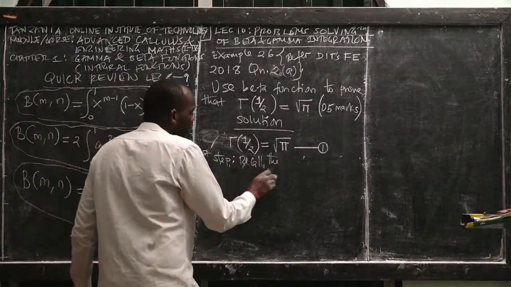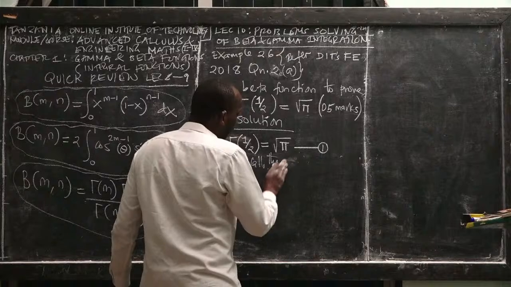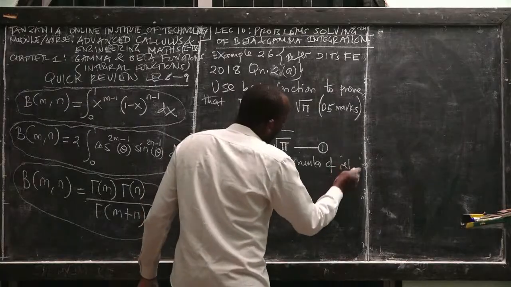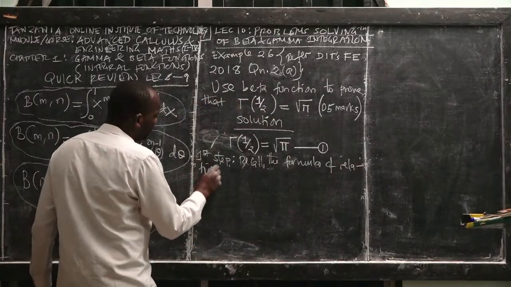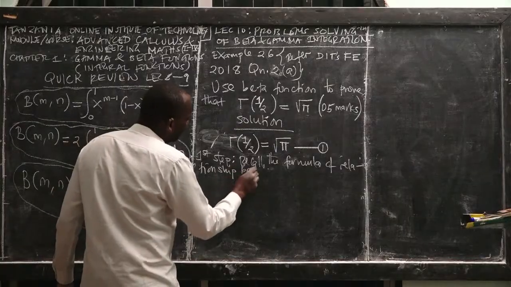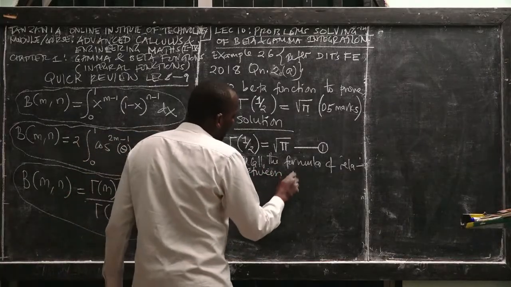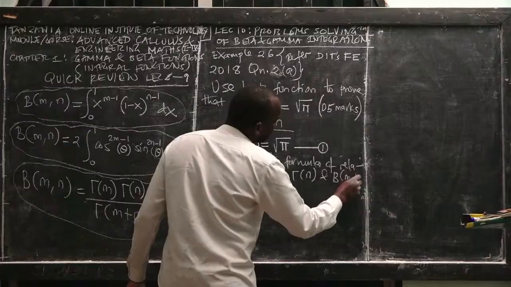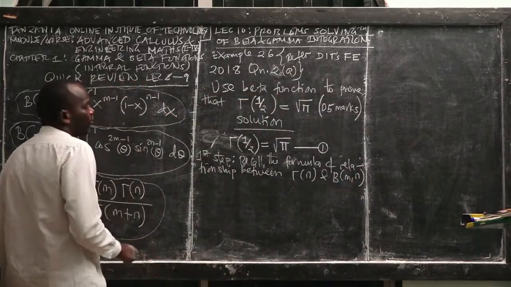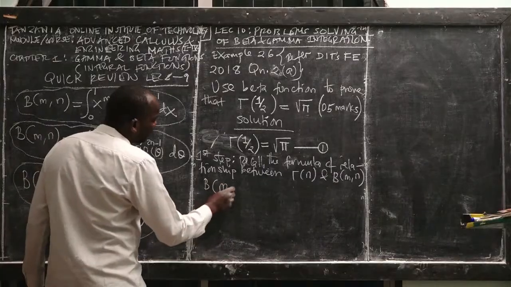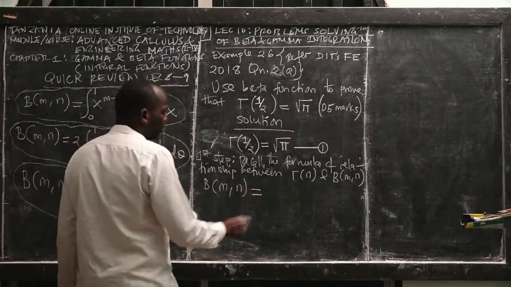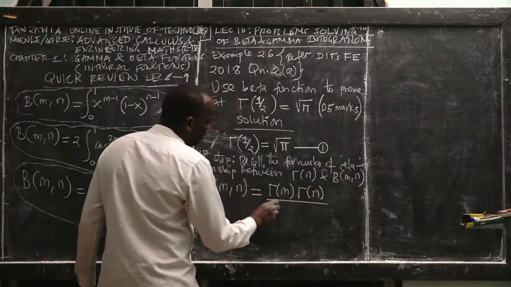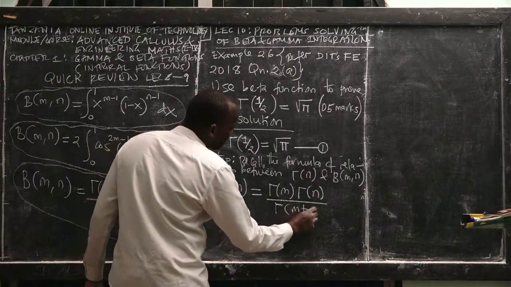So recall the formula of the relationship between the gamma function and the beta function. That is our first formula. Beta of m, n is equal to gamma of m multiplied by gamma of n over gamma of m plus n.